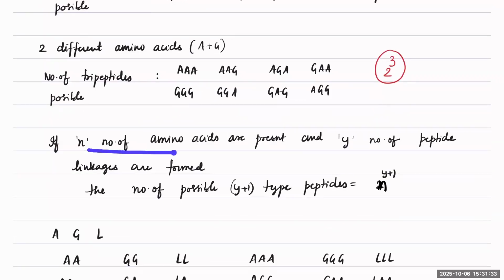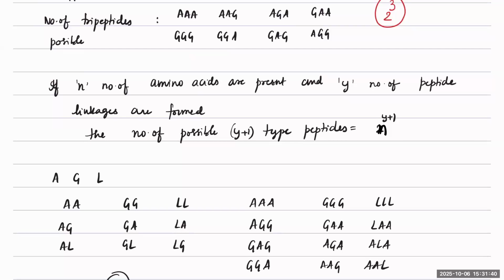So if n is the number of types of amino acids you take and y is the number of peptide linkages you have, then the number of possible peptides, because y is the number of peptide linkages, the number of amino acids present will be y plus 1. Okay, so therefore n raised to the power of y plus 1.